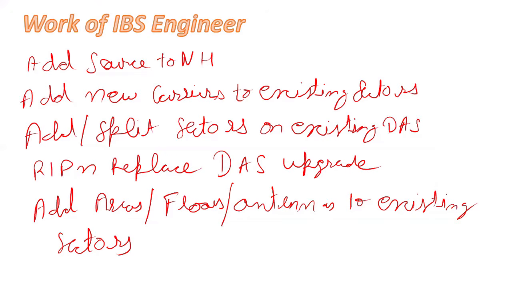We also coordinate with building owners and the construction team to get a workable solution. We interact with lots of people, understand their needs and provide efficient and workable solutions. In addition to RF design, we perform lots of other activities as well. So if you want to become a DAS engineer, get ready for lots of hard work.